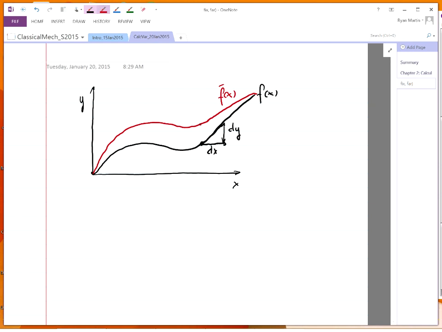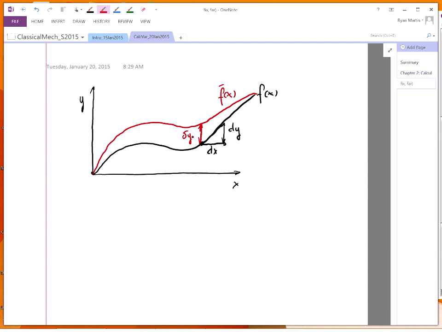The virtual displacement, delta y, is a change that's not consistent with the change of the independent variable. So it's a change in f without the corresponding change in x. So in this case, it's a jump from the black line to the red line.